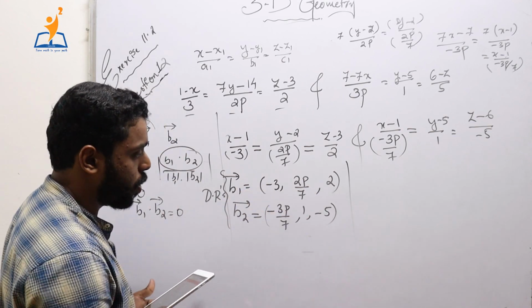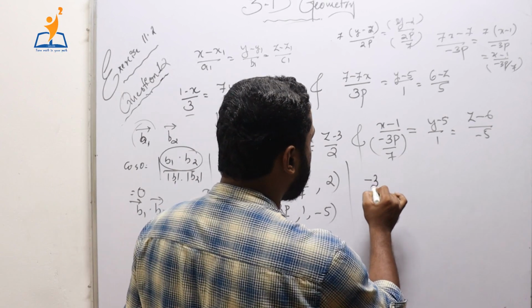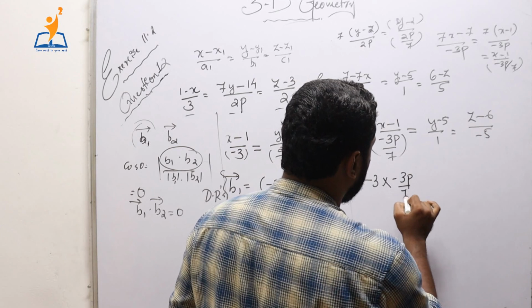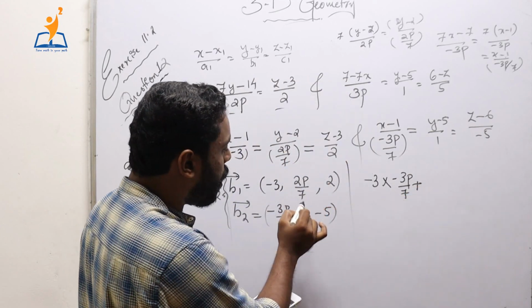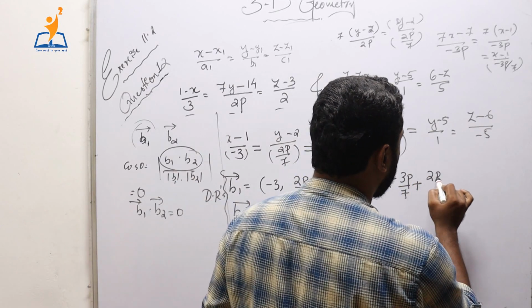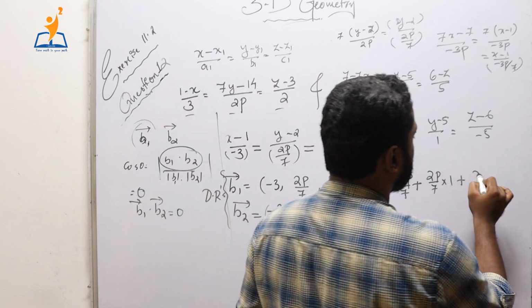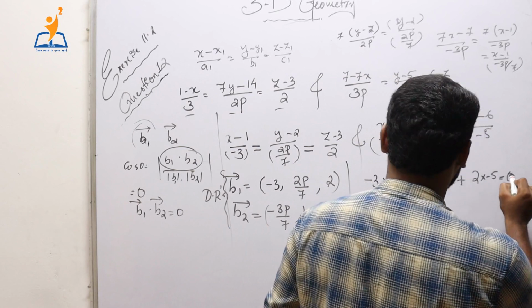Which means the dot product is equal to 0, which is equal to minus 3 into minus 3p by 7 plus 2p by 7 into 1 plus 2 into minus 5, is equal to 0.